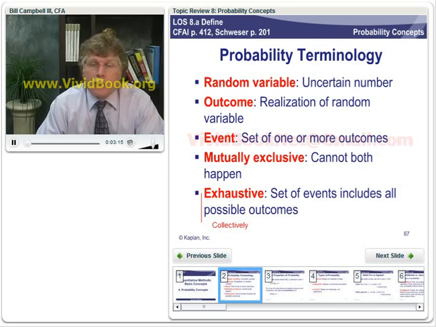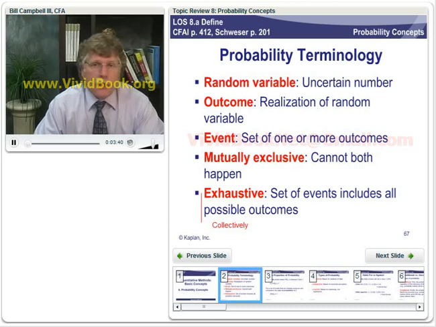For example, getting all the numbers less than 5, 1, 2, 3, and 4, and getting all the numbers greater than 2, 3, 4, 5, and 6, those 2 are exhaustive, but they're not mutually exclusive. They have overlap right there in the middle. You can get a 3 or a 4. That would be in either of those 2 events.